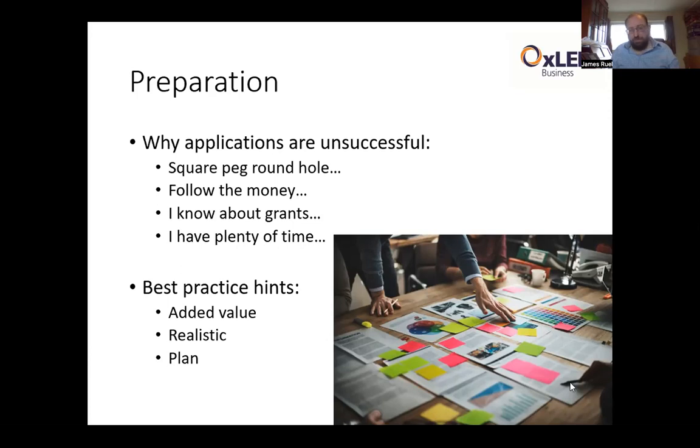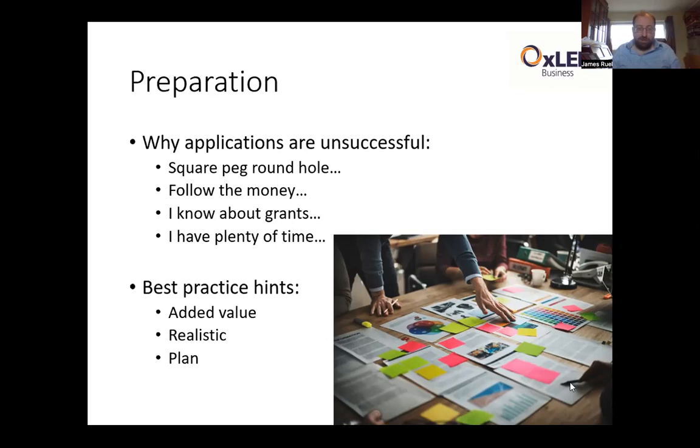If you assume that you know how grants work and how grant schemes work, you are likely to not spend as much time looking at the guidance notes as you would do if you thought you didn't know about grants. You're likely to spend the grant webinar checking emails or writing something or doing something different rather than listening to James. That means that you're likely to miss something.